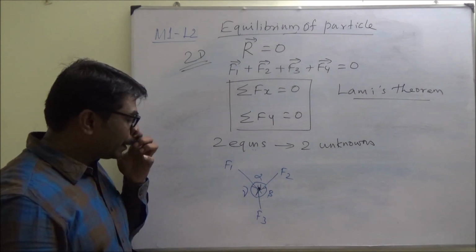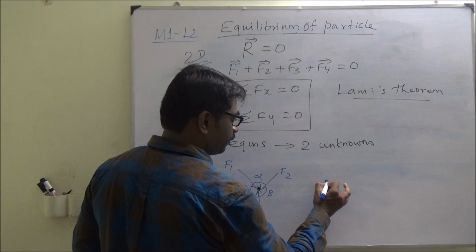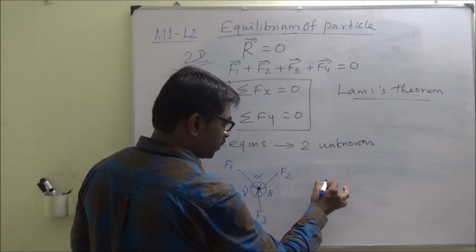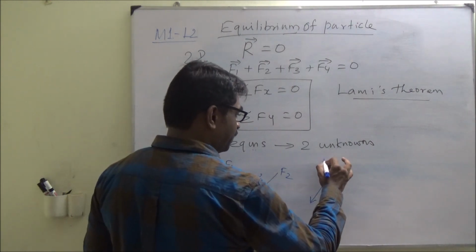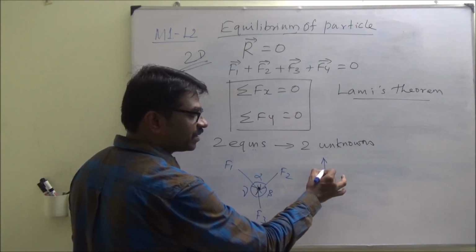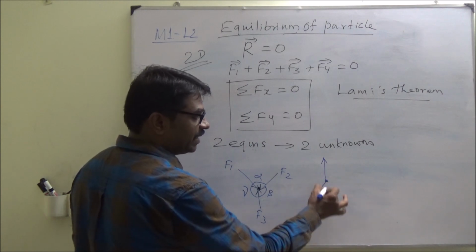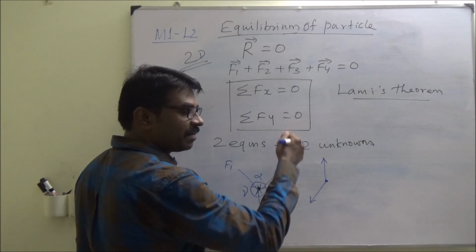This can be represented in a free body as this. F2 can be put like this for the simplification. F3 can be put like this. In the same line, I have put, right? Actually, initially it was compressing the particle. Now it is pulling the particle.